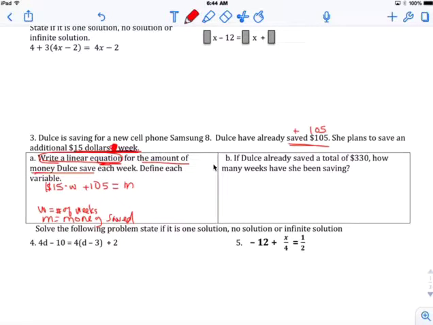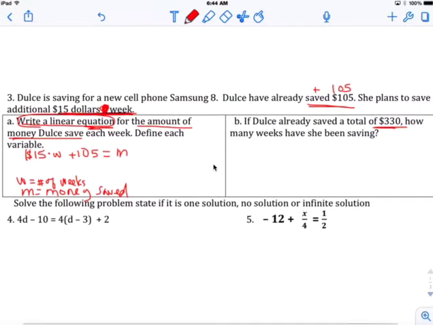Remember we're going to use this equation here, so I'm going to write it again: 15 times the number of weeks, W stands for the number of weeks, plus $105 equals M. M is the money saved.